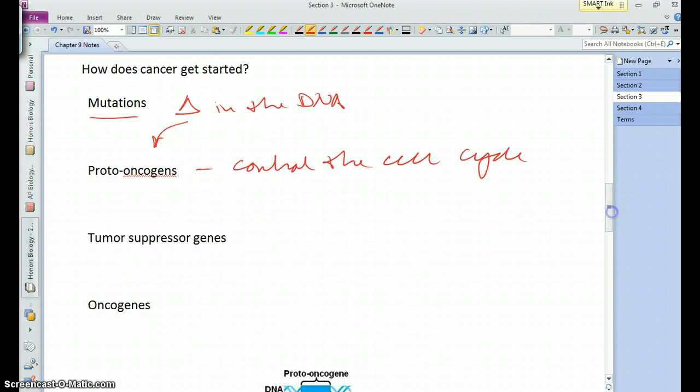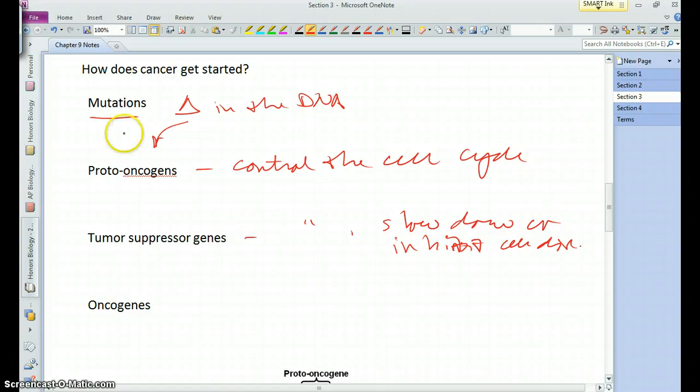And there are also genes that are responsible for controlling the cell cycle, but in particular they slow down or inhibit cell division.